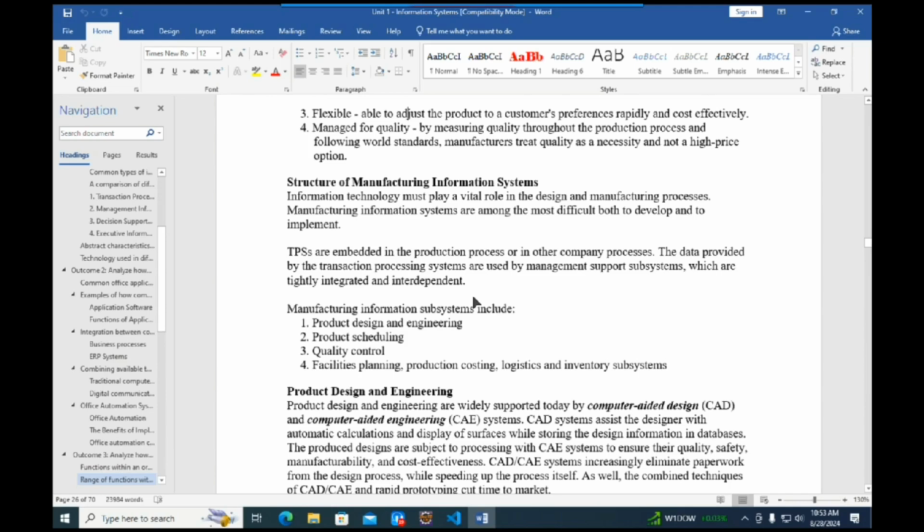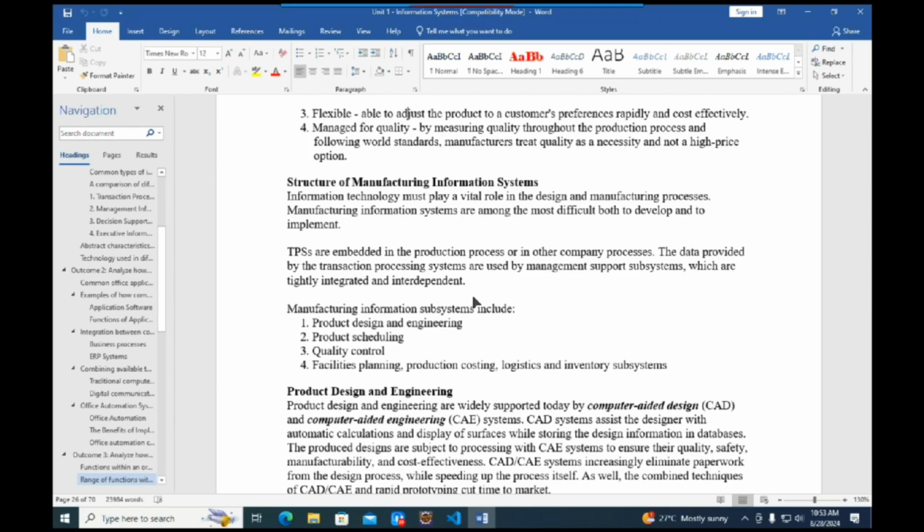Then we need to look at the structure of manufacturing information systems. We need to have information technology playing a role in the process of designing and even manufacturing. Manufacturing information systems are among the most difficult to develop and also to implement.